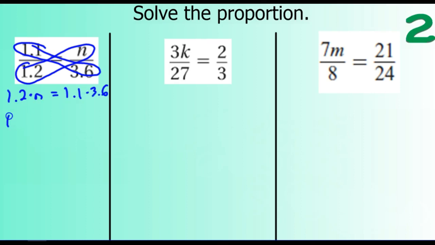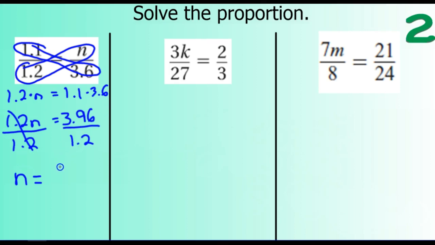So 1.2 times n is 1.2n equals 1.1 times 3.6, which gives us 3.96. Divide by 1.2, because the 1.2 and the n are touching, and n equals 3.3.